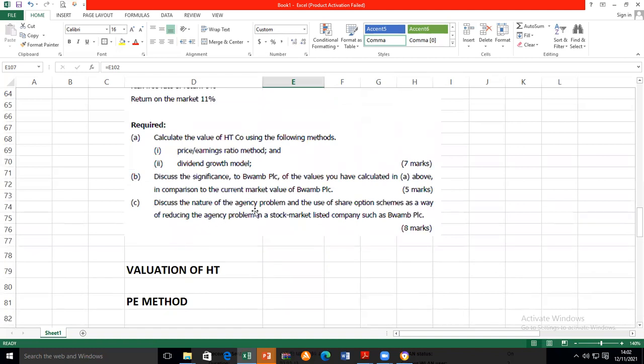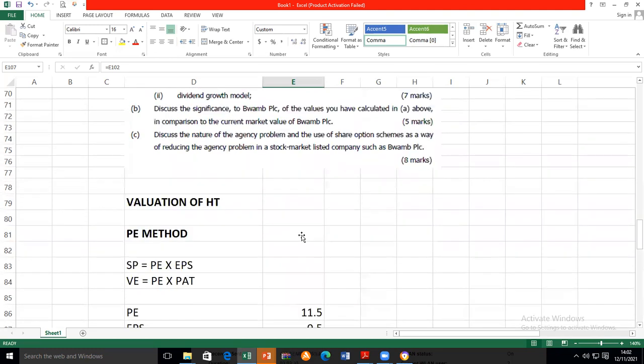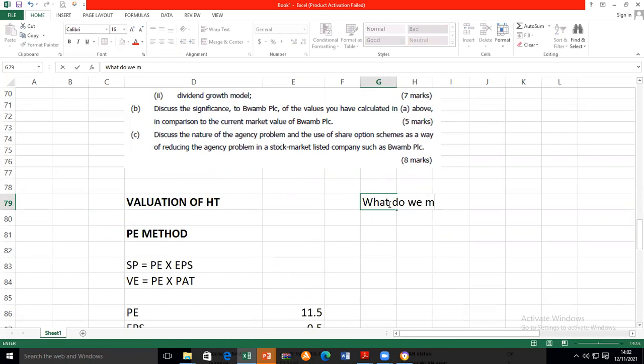Discuss the nature of the agency problem and the use of share option scheme as a way of reducing the agency problem in a stock market listed company such as P. So how do you answer this question? What do you mean by agency?